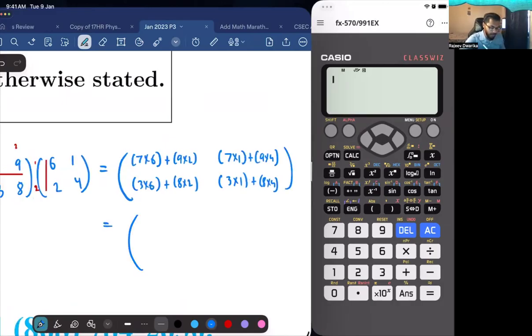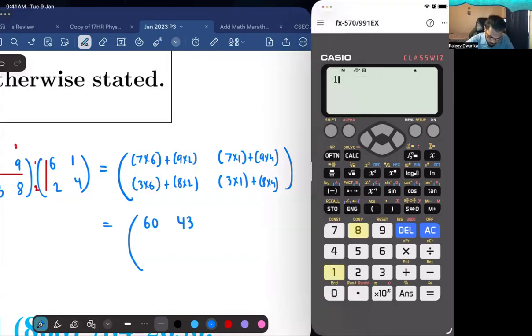So 7 by 6 is 42. 9 by 2 is 18. That should be 60. Let me just make sure. Yeah, 60. 9 by 4 is 36. 36 plus 7 is 43. Let me make sure. 7 plus 36, 43. 3 by 6 is 18. 18 plus 16 is 34.